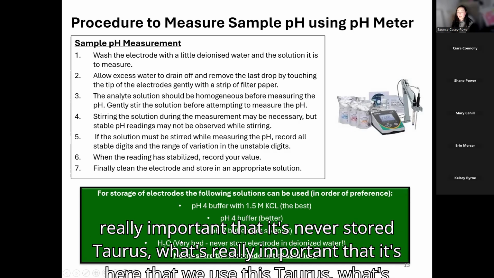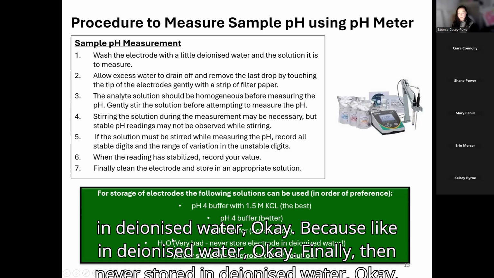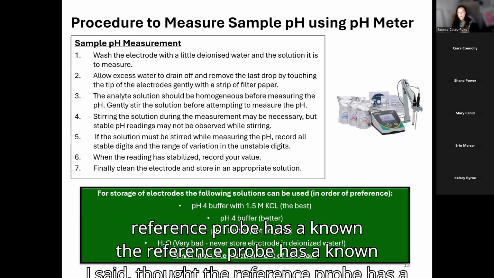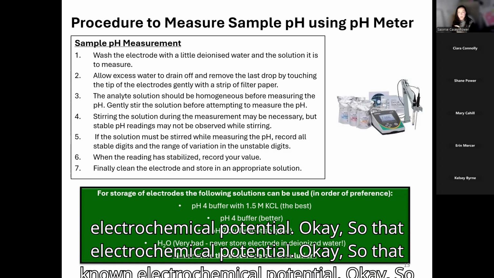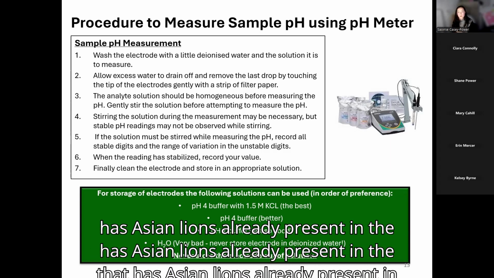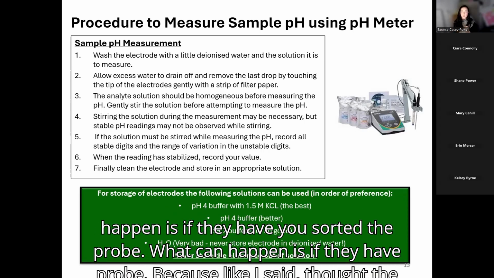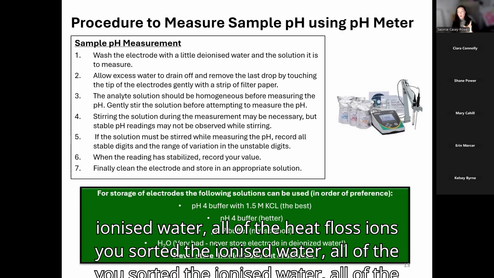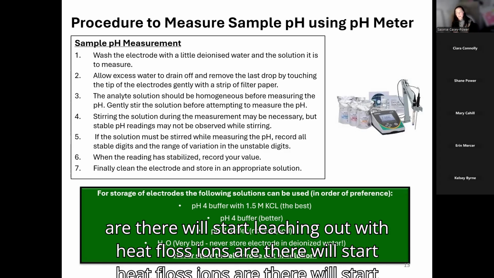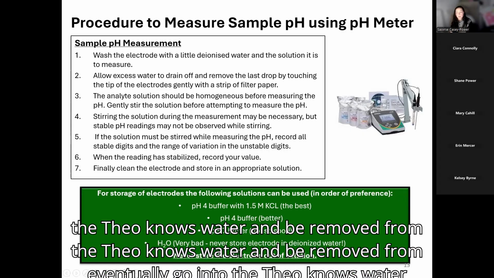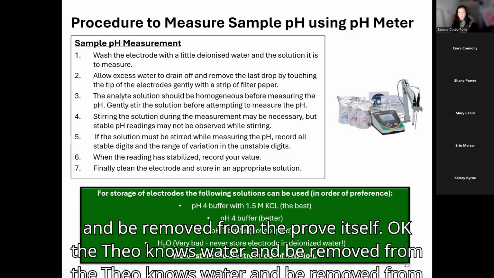What's really important is that it's never stored in deionized water, okay? Because like I said, the reference probe has a known electrochemical potential, so that has hydrogen ions already present in the probe. What can happen is if you store it in deionized water, all of the H+ ions that are there will start leaching out of solution, and they will eventually go into the deionized water and be removed from the probe itself.